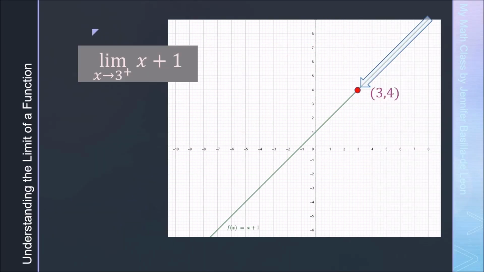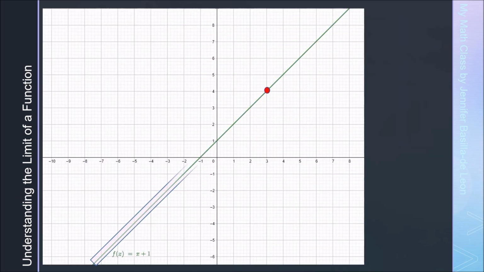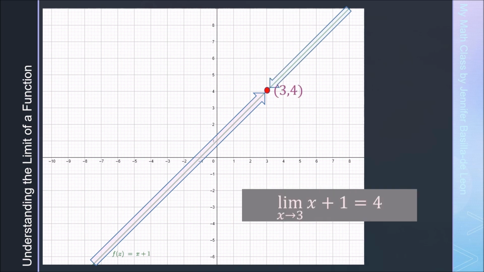In symbols, we have the limit of x plus 1 as x approaches 3 from the right is 4. Since the two sides of the function approach the same value as x approaches 3, we therefore conclude that the limit of x plus 1 as x approaches 3 is 4.